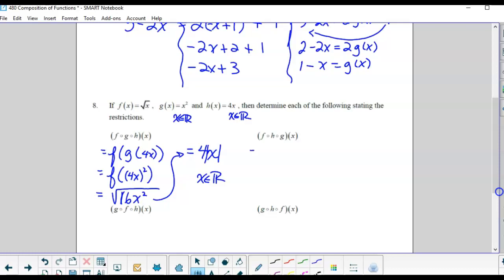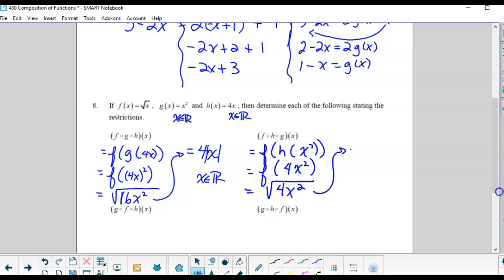Then f of h of g of x, x squared, is f of 4x squared, and then that's the root of 4x squared, which is going to be 2 times the absolute value of x.